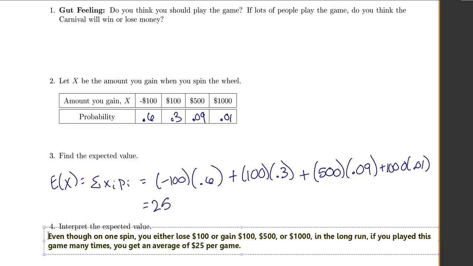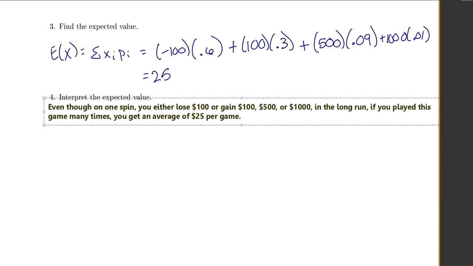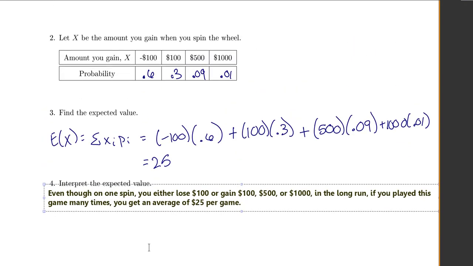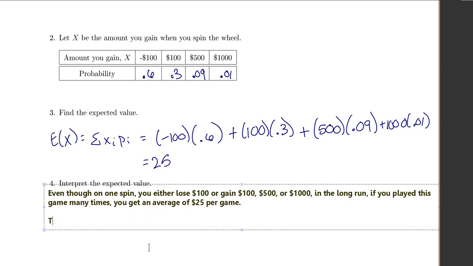Again, if you play many, many times, you'll get an average of $25 per game. This means the casino is losing an average of $25 per game. So this is a game that would never last in Vegas because they don't want you to be winning every time. They want you to lose on average so that they can make money.